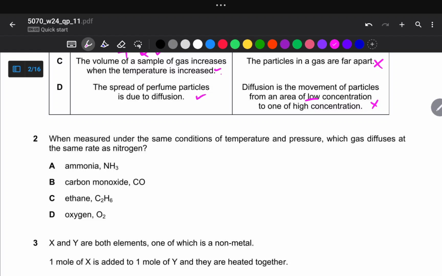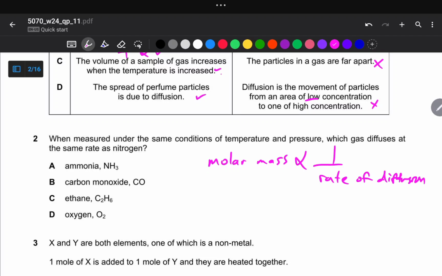So the molar mass is inversely proportional to the rate of diffusion. So this is what we call Graham's law of diffusion. So an increase in molar mass results in a decrease in the rate of diffusion.